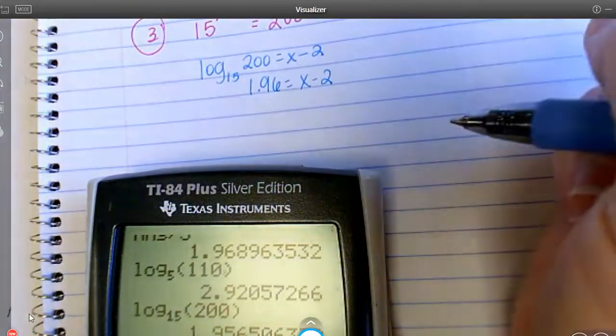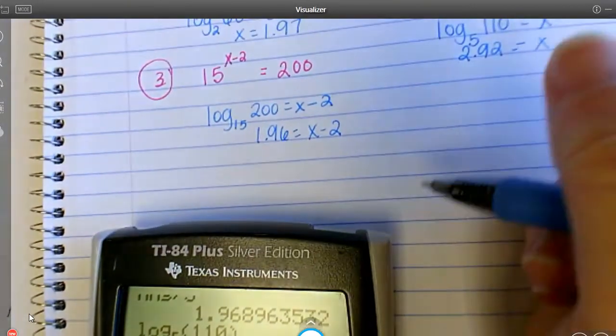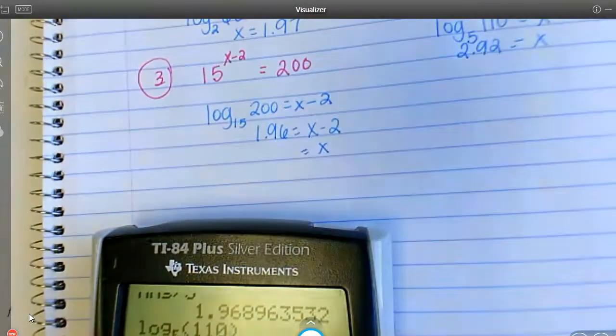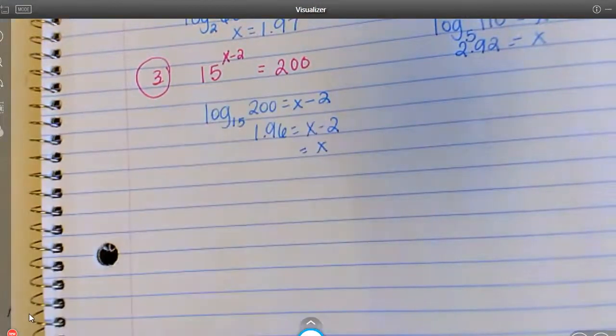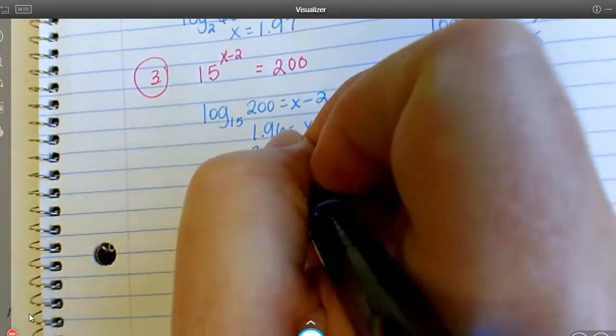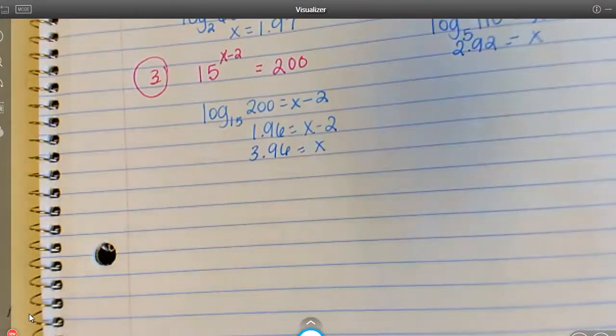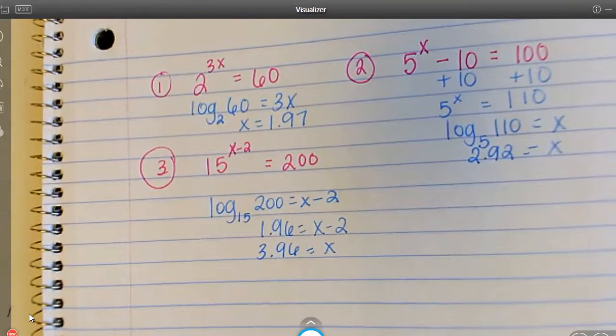But then to solve it, I'm going to add 2 on both sides. So I'm going to add 2 to that, and I get 3.96. Right. So that's the kind of equations that just have numbers to powers.